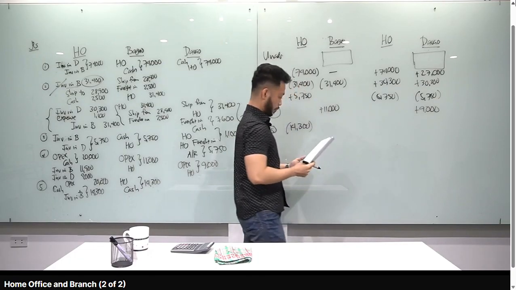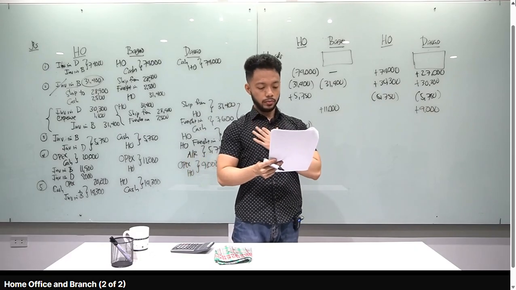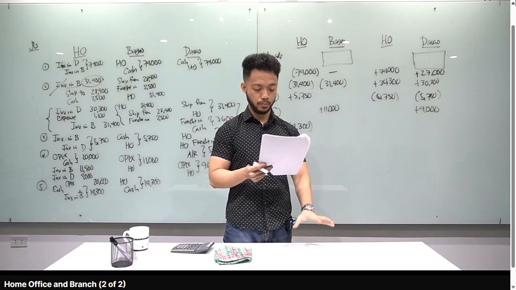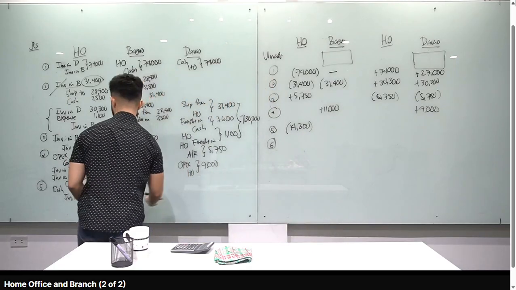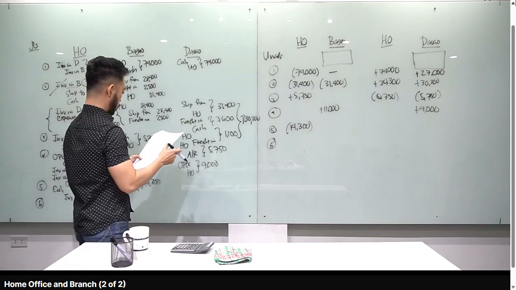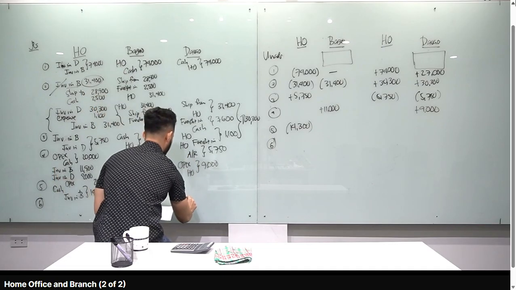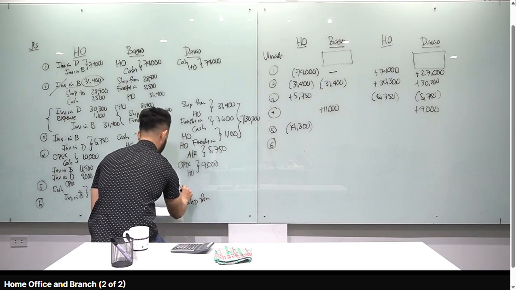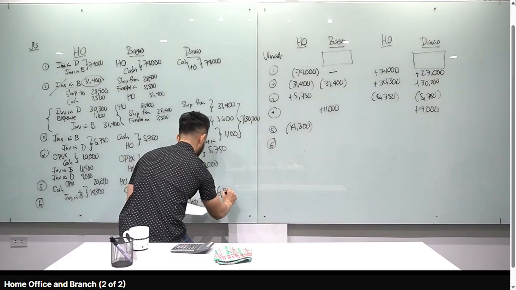Last item. Davao returned goods costing 6,850 to the home office. The goods were shipped on December 19 and received on December 24. But no entries have been made in the home office books. So, adjustment number 6. Alright? Si Davao binalik yung 6,850. So, credit shipment from, tama? And then the debit niya, home office. Debit home office, credit shipment from 6,850.